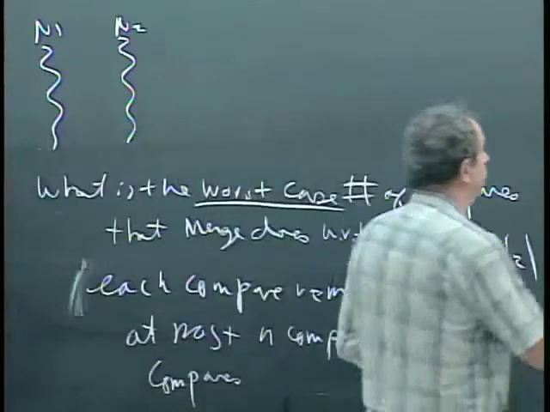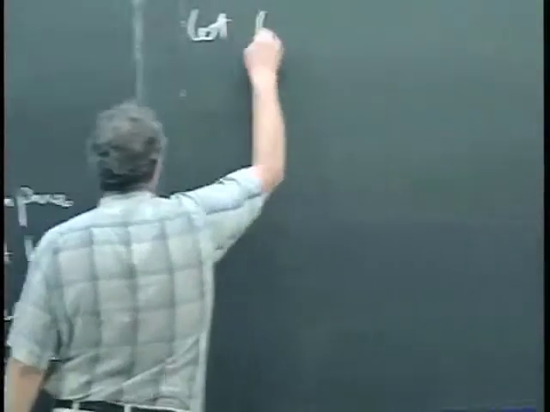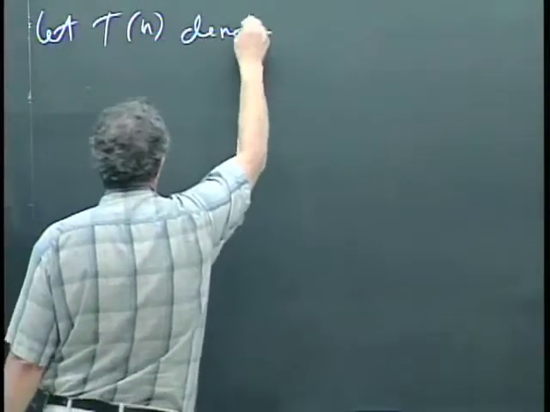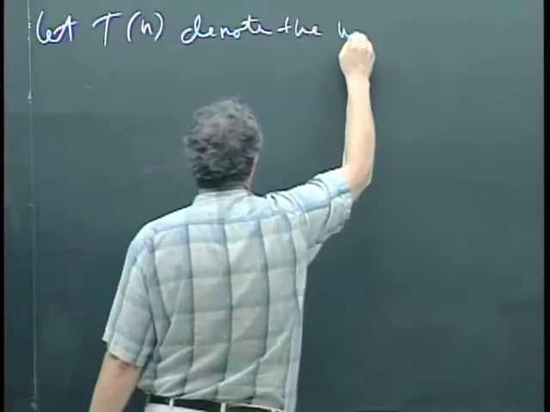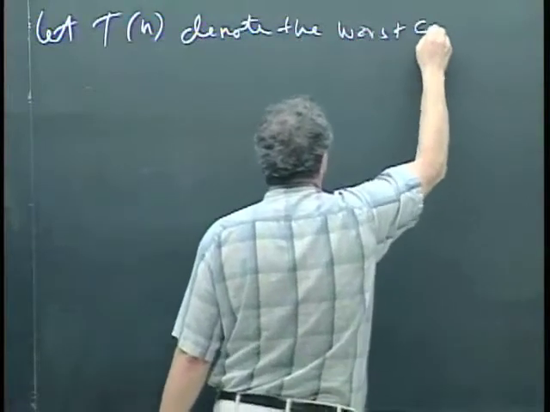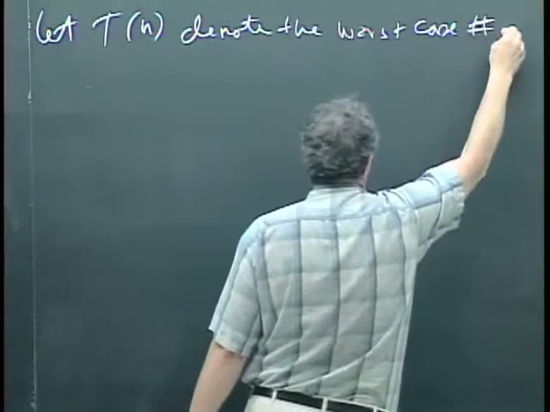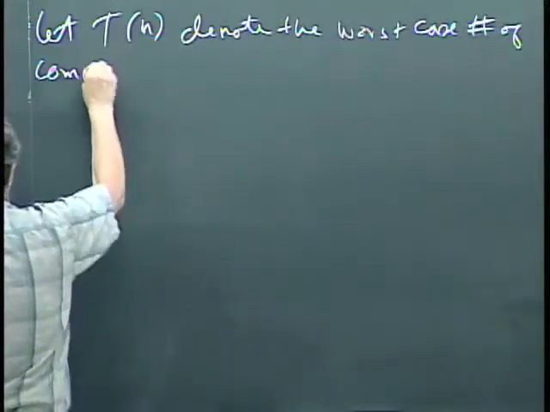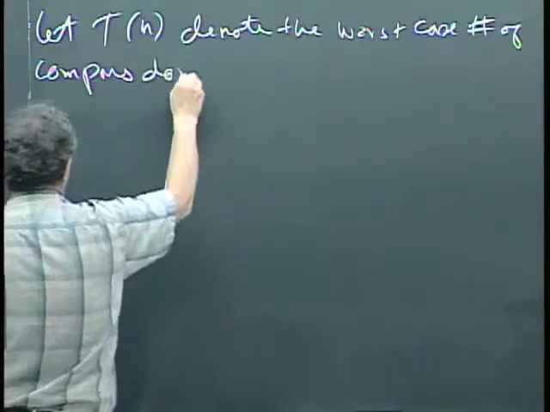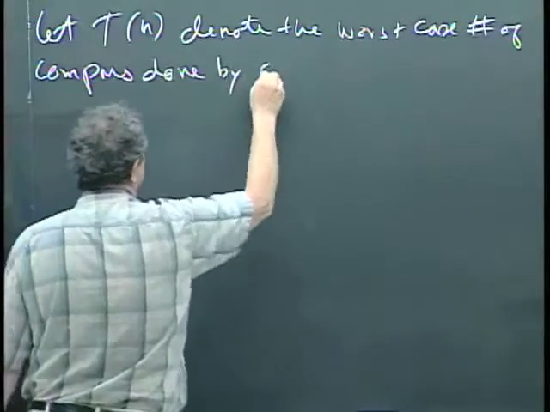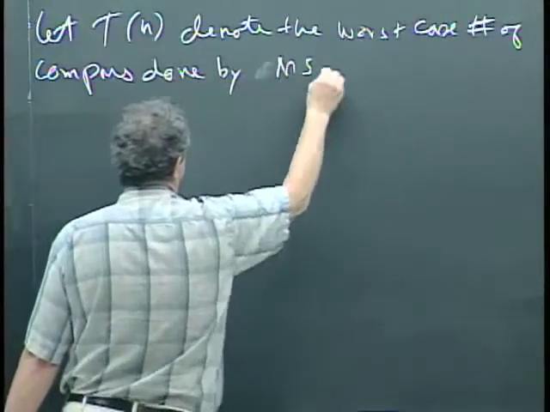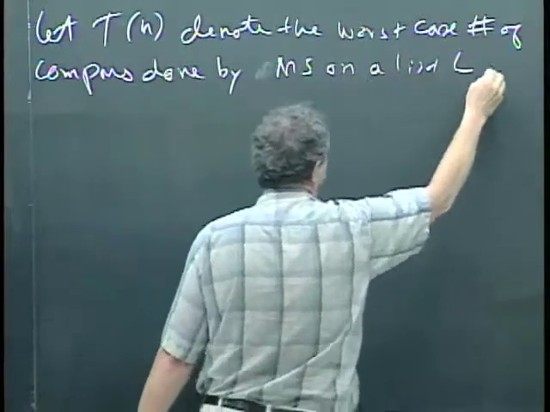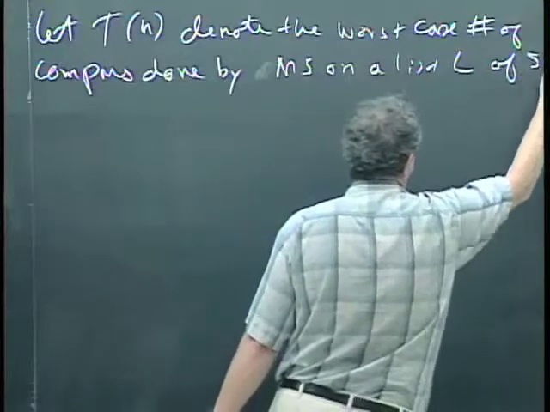Okay, so let T of n denote the worst case number of comparisons done by merge sort on a list L of size n.